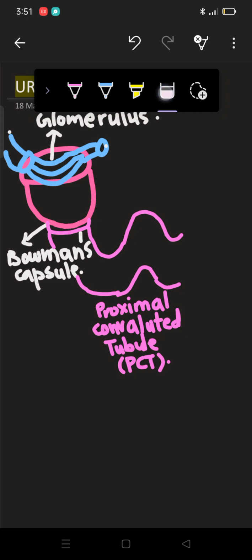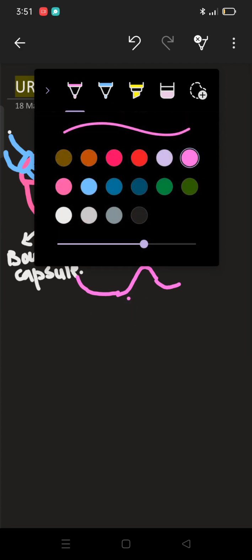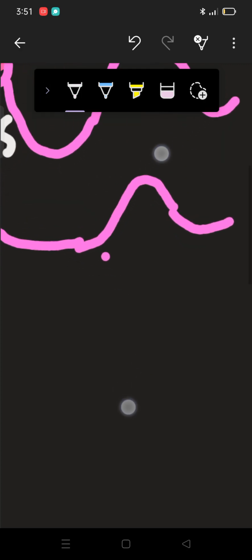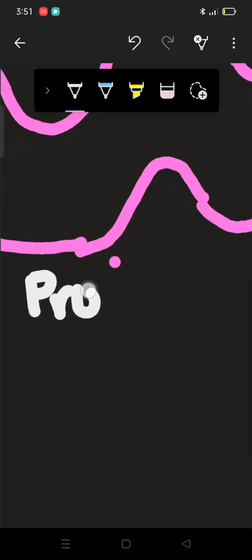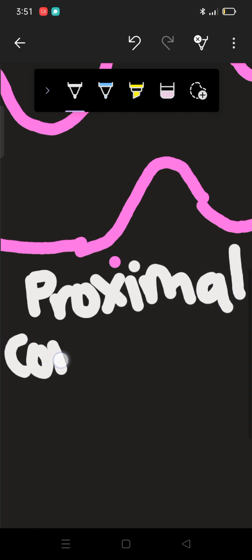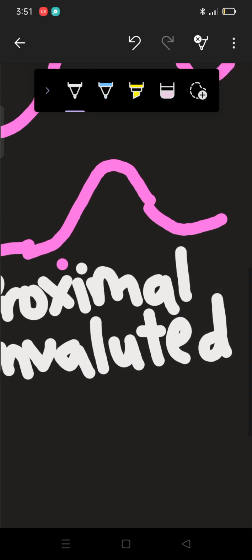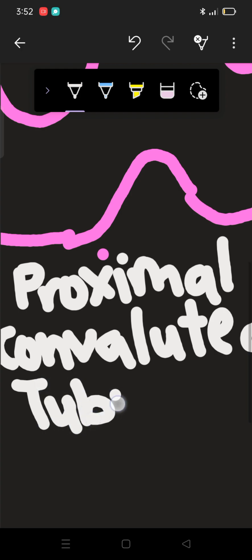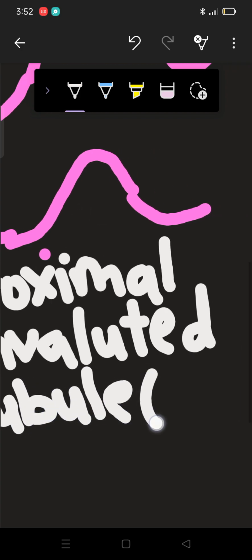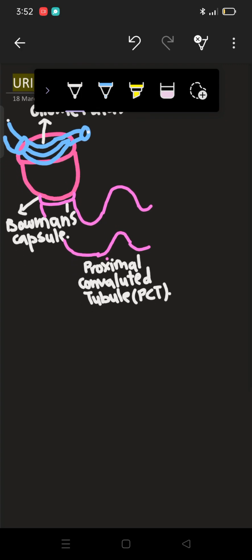I should write this with white color so that it can be visible. So let me write this again: proximal convoluted tubule, and the abbreviation of proximal convoluted tubule is PCT. So this is the proximal convoluted tubule.